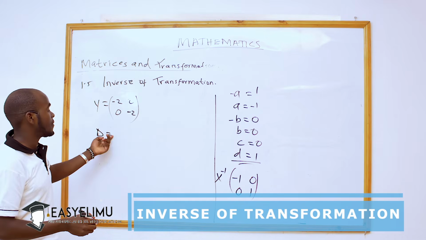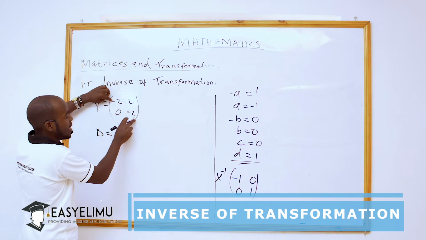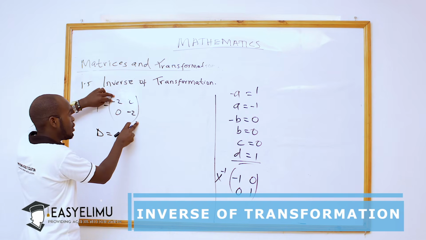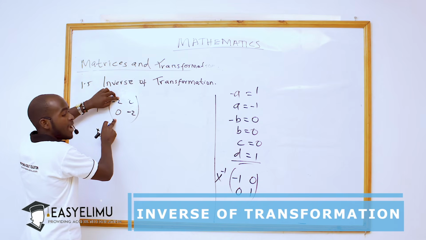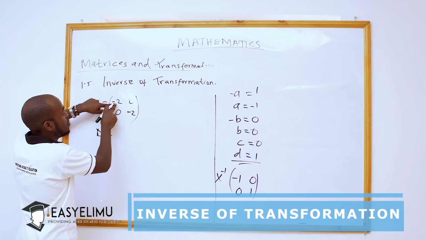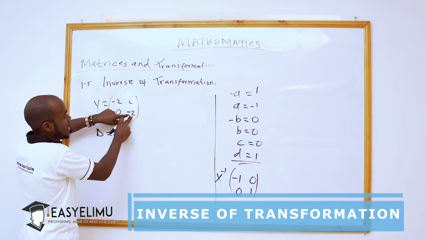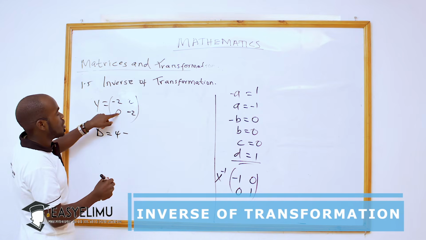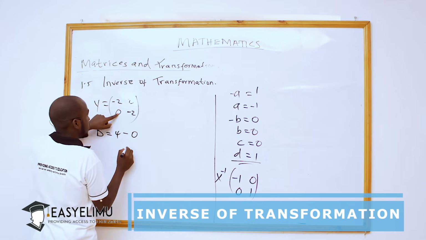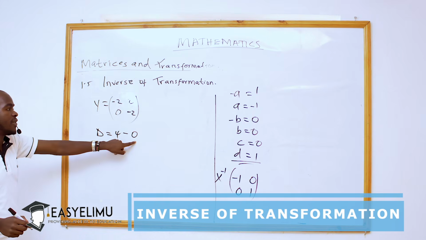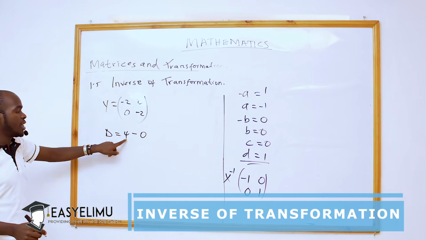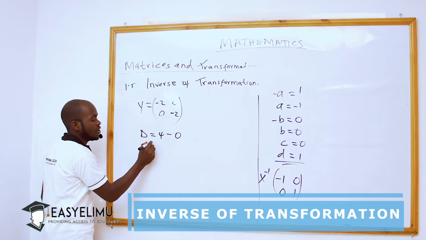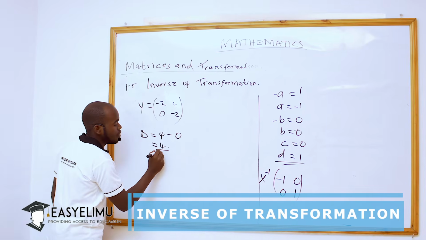The determinant is found by taking the leading diagonal or the main diagonal, then you subtract the other diagonal. Negative 2 by negative 2, you get positive 4, minus 0 by 0, which is 0. So 4 minus 0, you get our determinant equals 4.